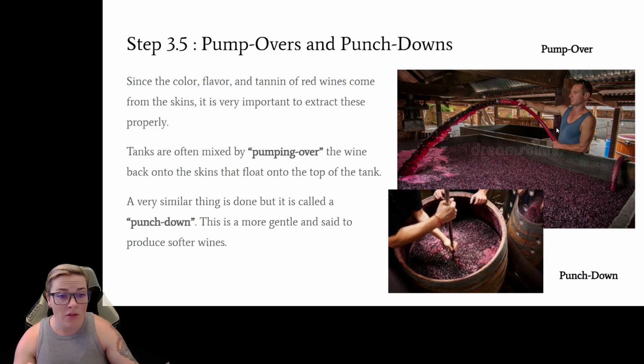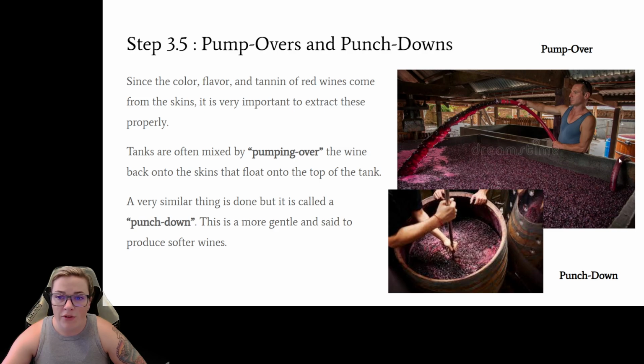However, you're getting all those flavors and color from the skins. So what we want to do is mix that tank either through pumping over or punching down to get the skins in contact with the juice again, so we can keep extracting more flavor and more aroma into that wine, right?